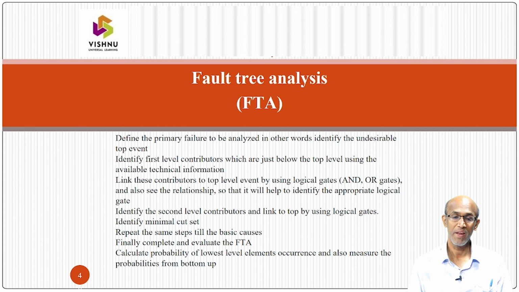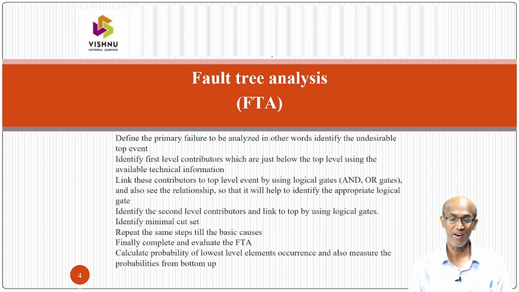We define the primary failure to be analyzed. In other words, identify the undesirable top event, and identify first level contributors, which are just below the top level, using the available technical information. Link these contributors to the top level event by using the logical AND gates and OR gates, and also see the relationship so that it will help to identify the appropriate logical gate.